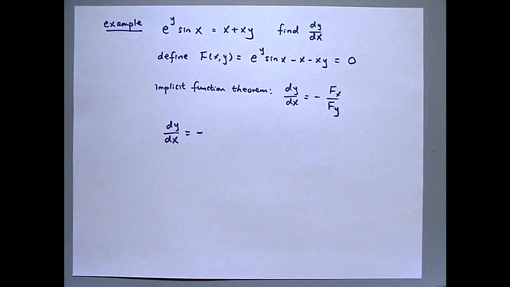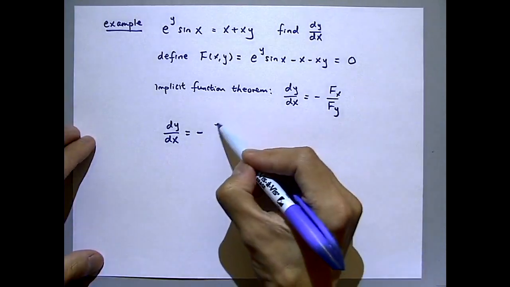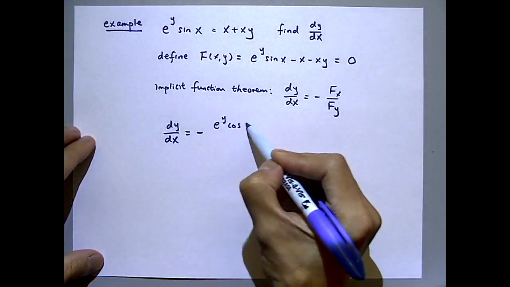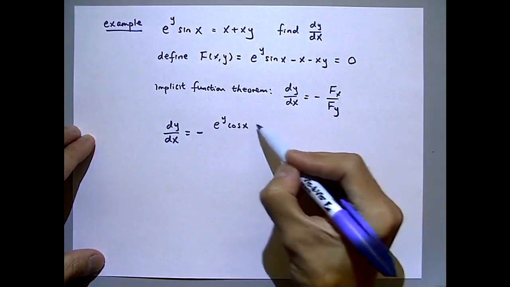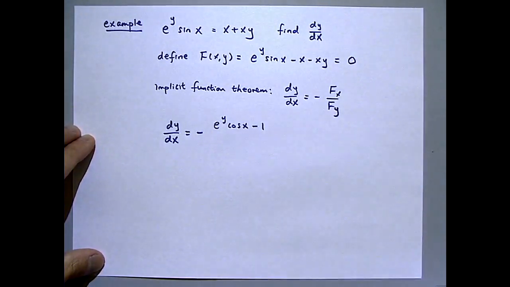All right, so what do we get out of fx? This thing on the top, what do we get? E to the y cosine x minus 1 minus y.